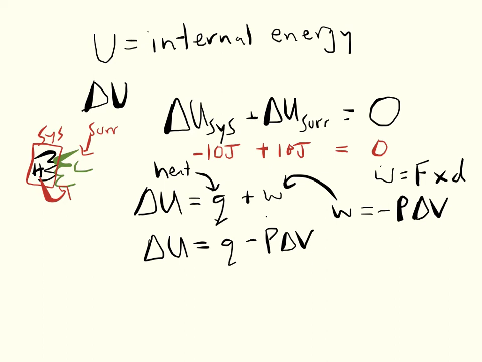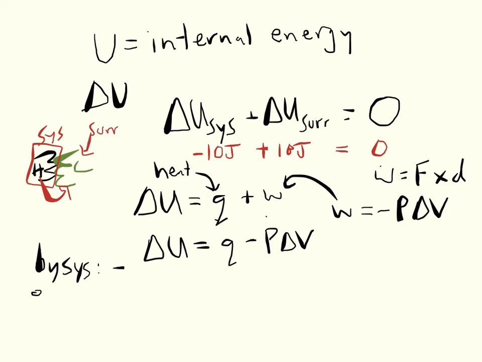The way we use this equation is we have to know a few sign conventions. If work is done by the system, that's always going to be considered negative.